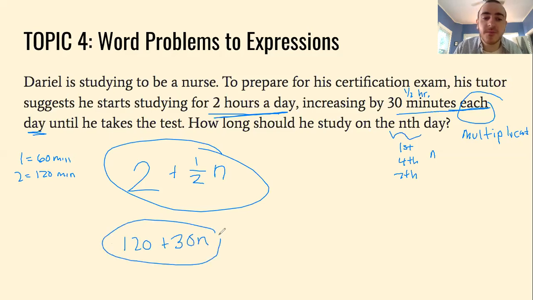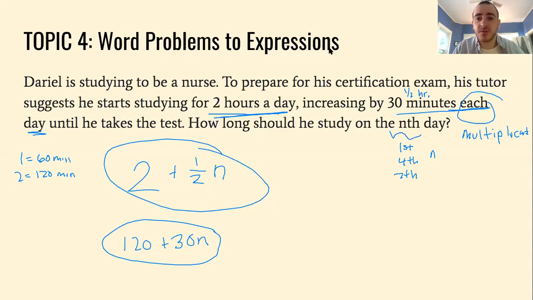And that works too. And that's going to be how many minutes he needs to study. So n represents the number of days multiplied by the 1/2, the half an hour you're increasing by each day, and then add to your starting value. So that's the expression. That's it. That's all you have to do. You don't have to solve for anything. You're going to leave it as an expression.